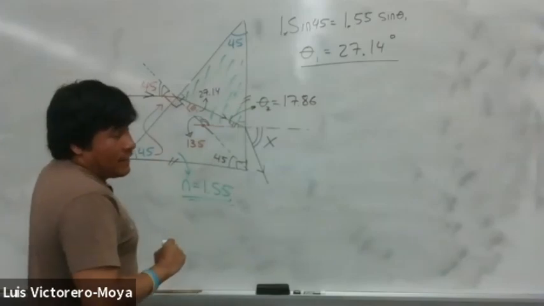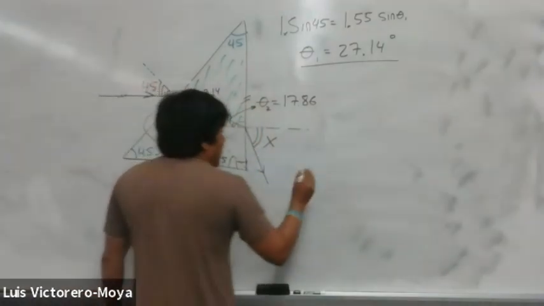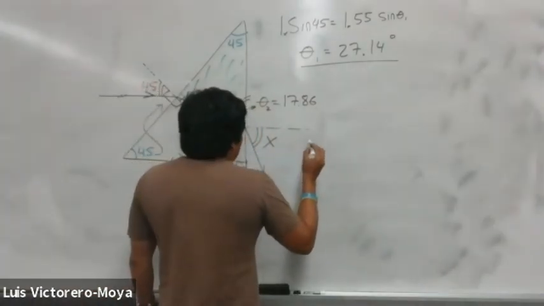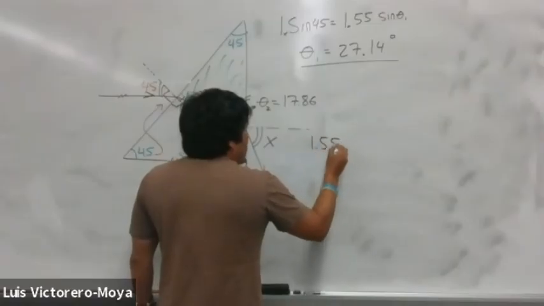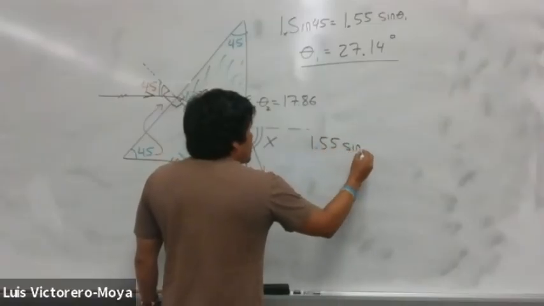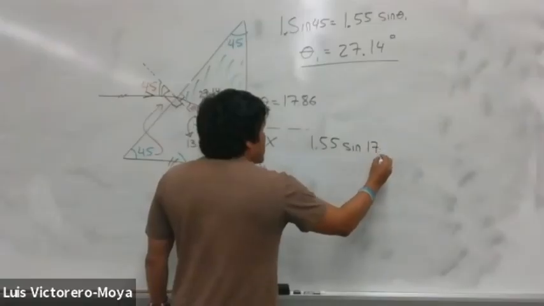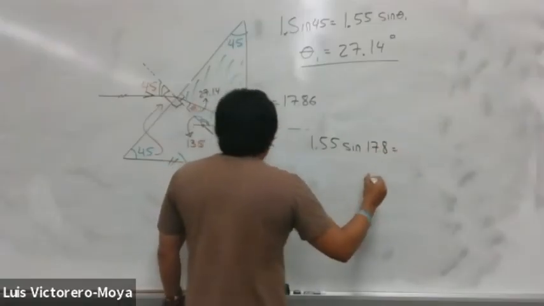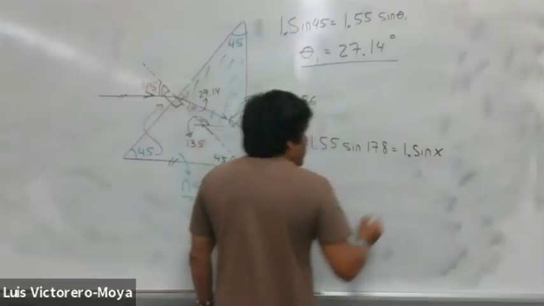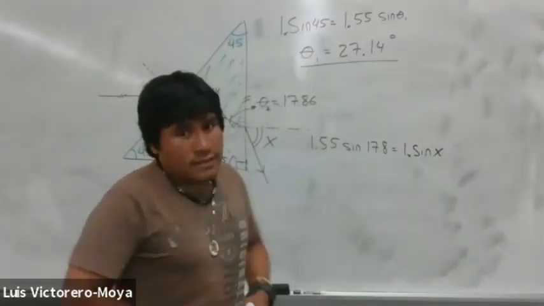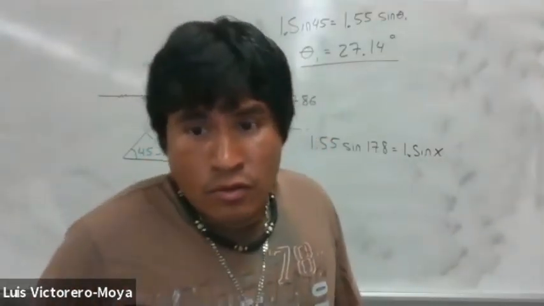If there is an x, because let's see what happens. By Snell's law, 1.55 sine of 17.86 equals 1 sine of x. Let's see. It might be the critical angle. We don't know.